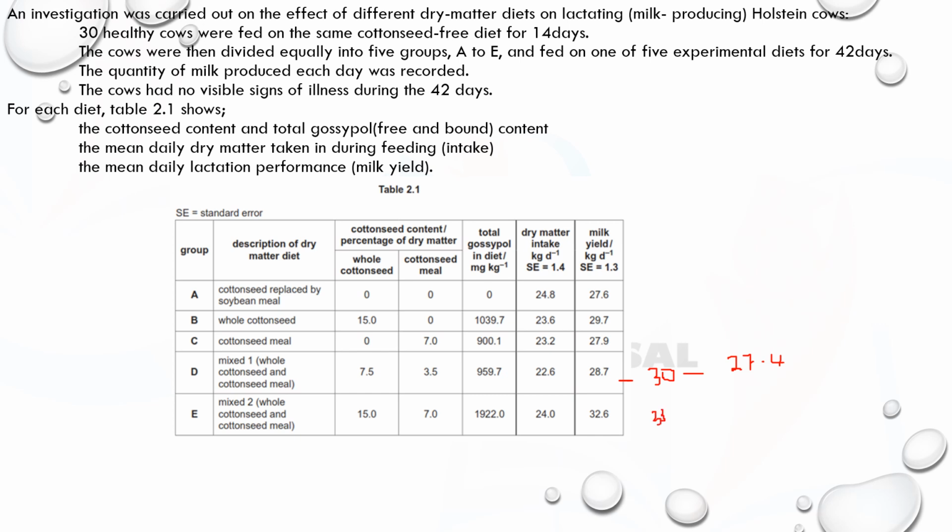So let's check the lowest. 32.6 minus 1.3, what should it be? The lowest is 31.3. So it seems there is no overlap between D and E.